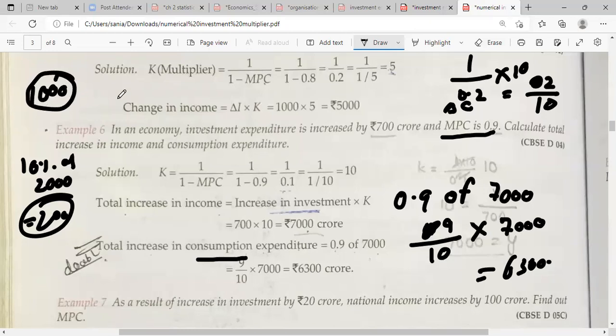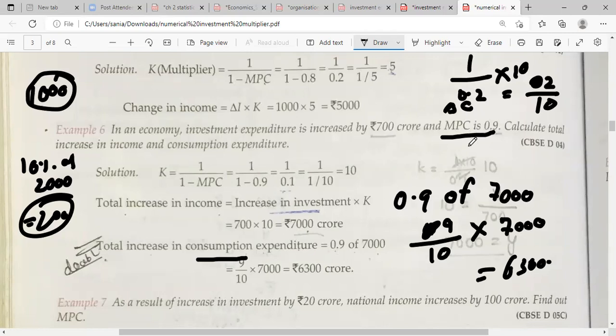MPC means additional consumption. So 0.9 is given, right? So 0.9 of what? What is your income? It is 7000. That's why you did it in order to find consumption expenditure.